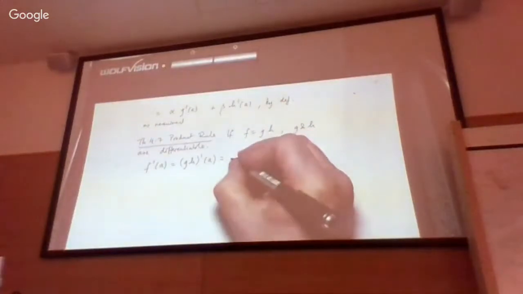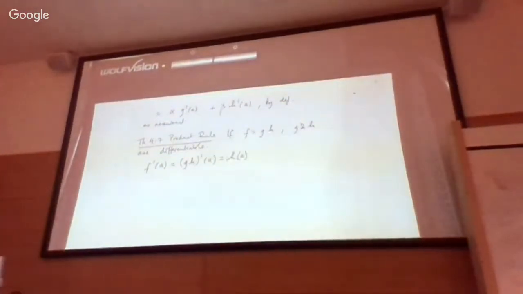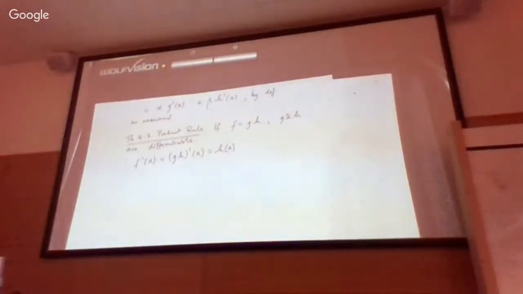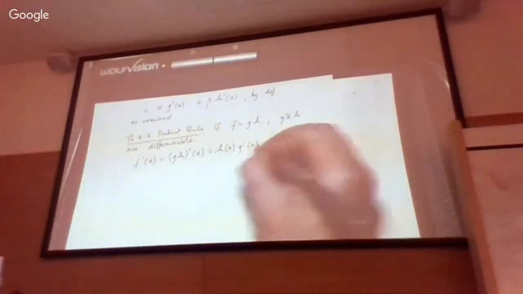What is this? Well, it turns out that it's this. We could embark on a discovery of this, or we'll just put the result down and prove it. So we have something that you might be familiar with from your studies so far. The product rule.